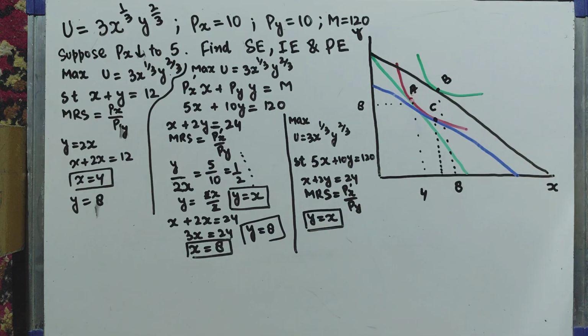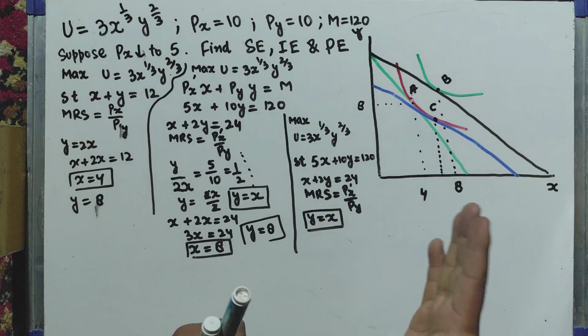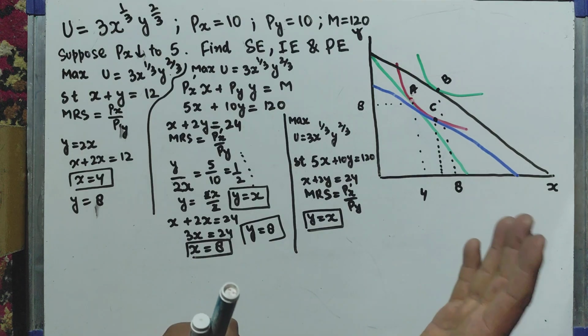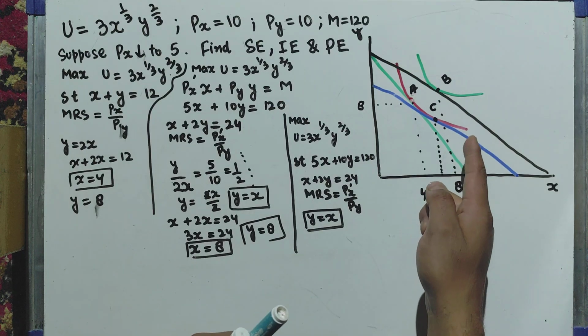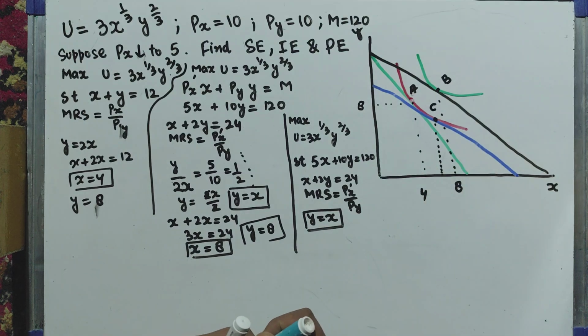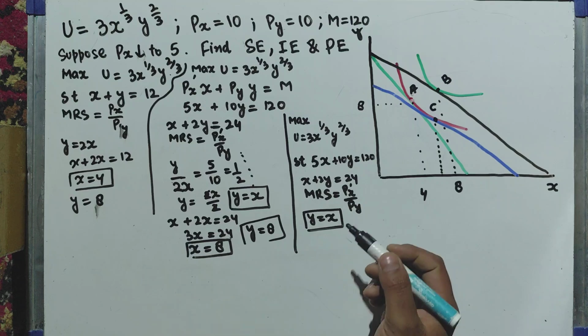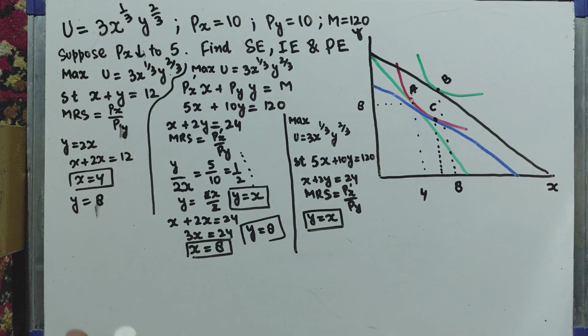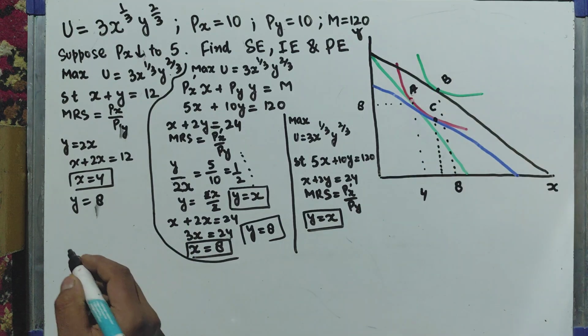Okay, this time what we need to do? We need to hold the utility level constant, which is the original utility. So let us first find out the utility the consumer will get. So what is the initial utility that he is deriving on this red indifference curve?